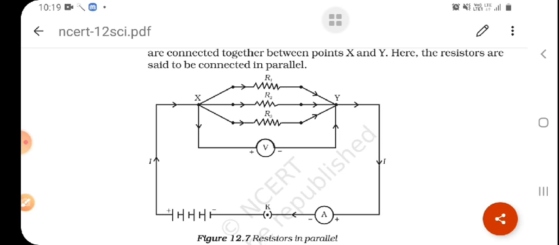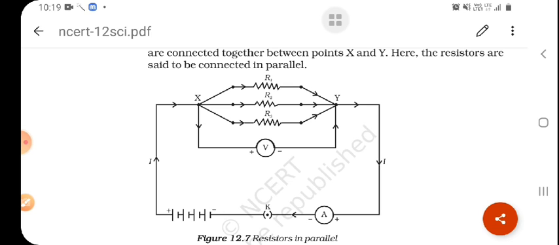Here the first point is joined with all the first ends of the resistors R1, R2 and R3, and the second ends of R1, R2 and R3 are also common at the point Y.